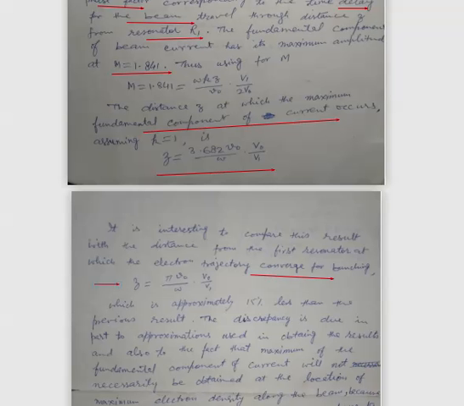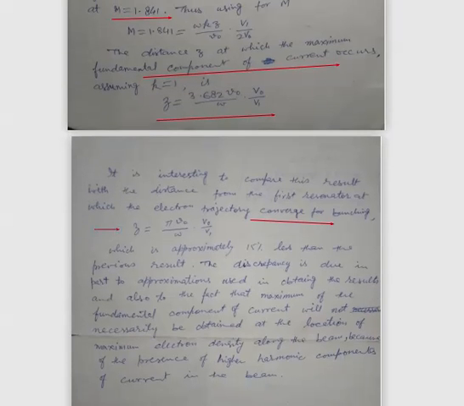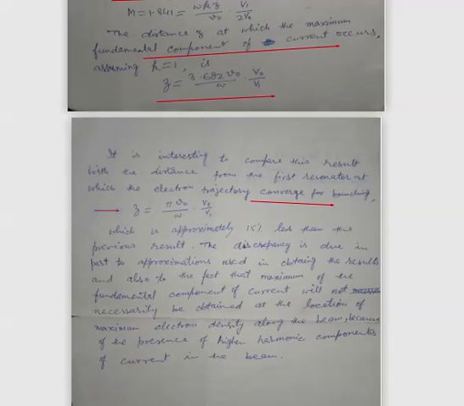So if we compare these two results for z, this latter result is almost 15% lesser as compared to the previous one. The discrepancy between these two results is due to the several approximations which we have used in obtaining the results.